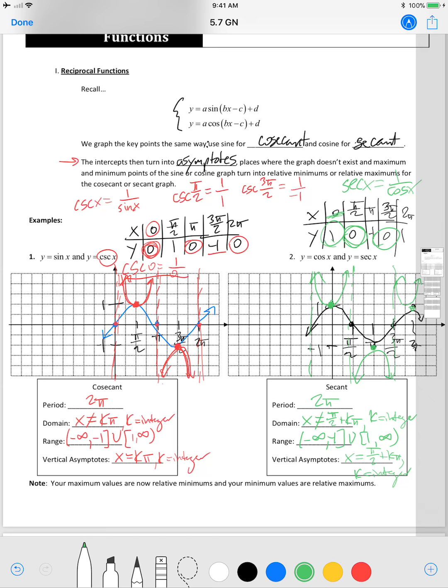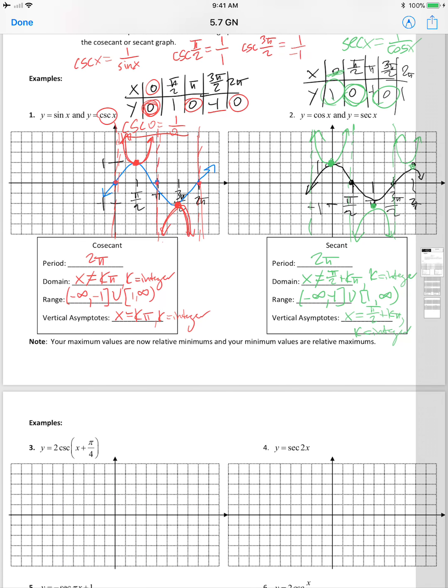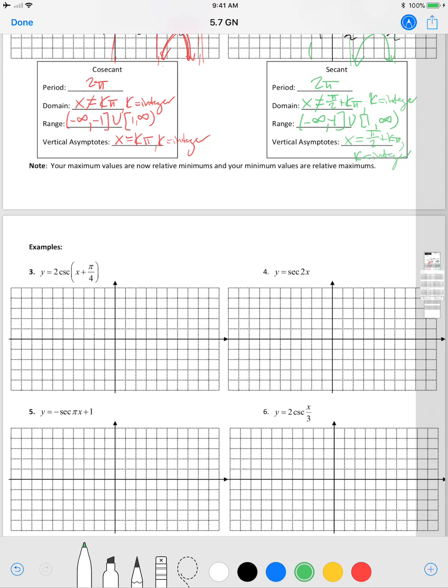So how do we graph secant, cosecant? The exact same way we've been graphing. So let's take a look at our first two examples here. So I'm still going to start with, in this case, I want to graph cosecant. I'm going to start with the sine table, the reciprocal. So 0, 1, 0, -1, 0.